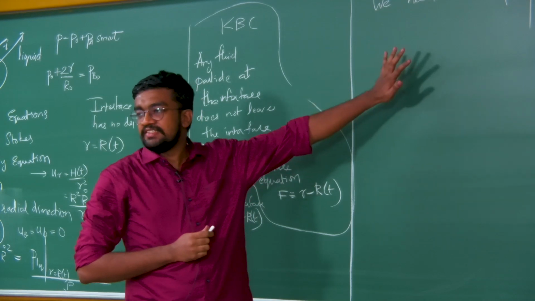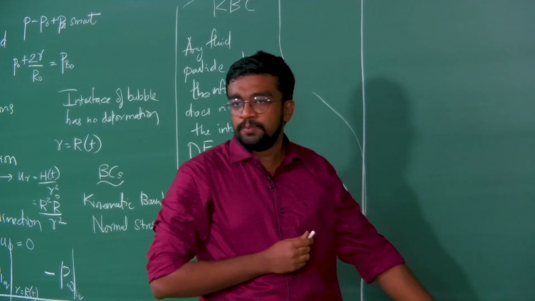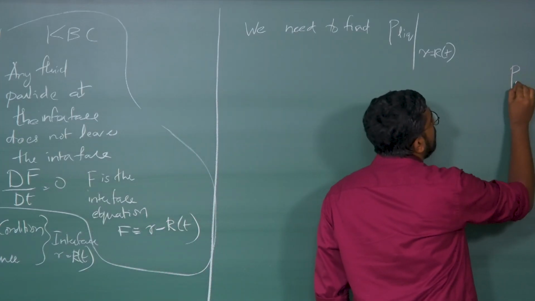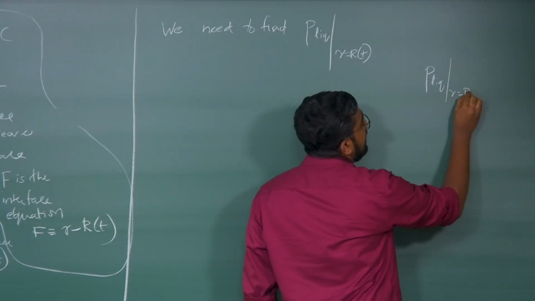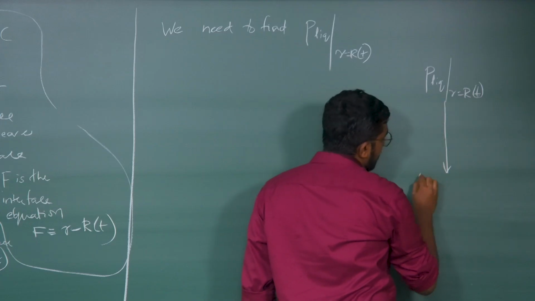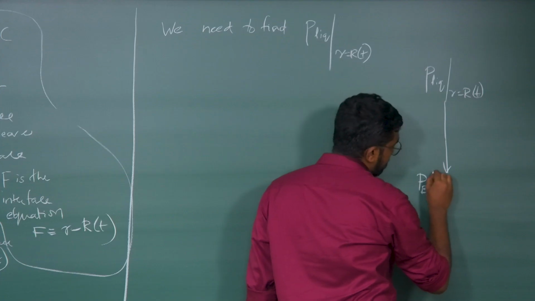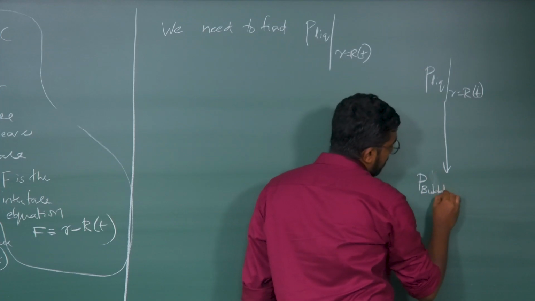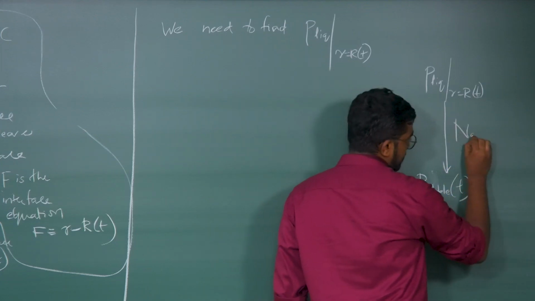For this, I will explain the algorithm of what we are going to do. To find this, we will link the pressure in the liquid at the interface for any given time to the pressure inside the bubble at any given time, which I will call P bubble, using the normal stress balance.